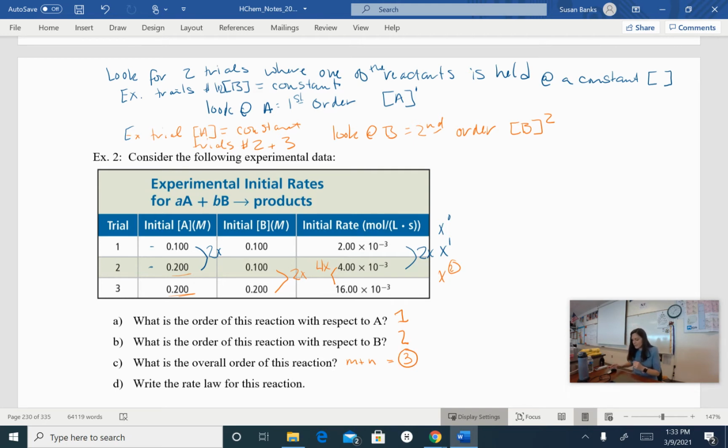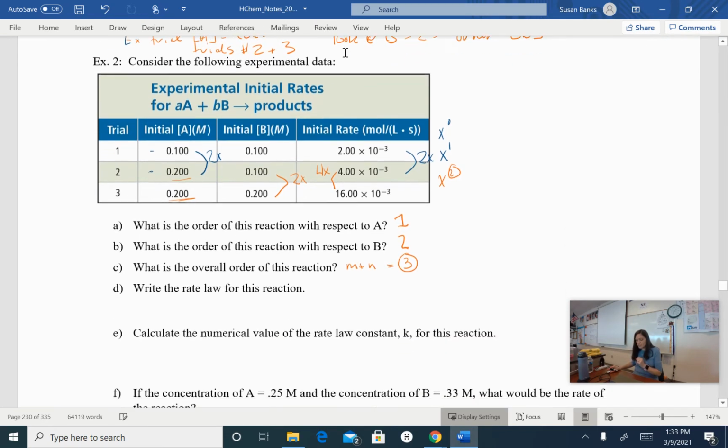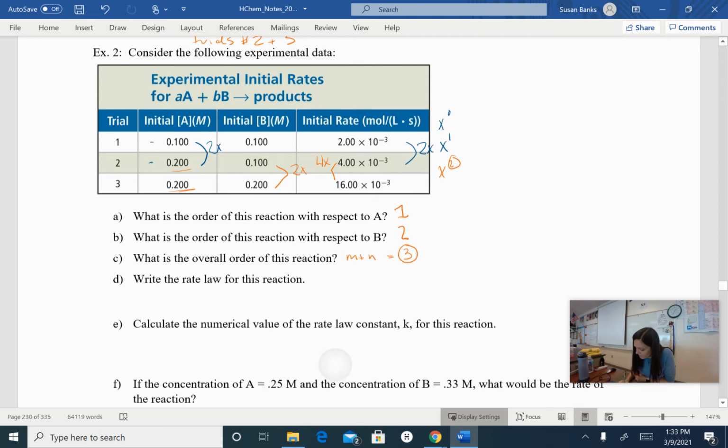Okay, so if I write this rate law, remember, we're just going to go off of the general rate law, where we have our rate is equal to a constant, and we don't know what that constant is yet, but we do know the exponent for A is 1, and we do know that the exponent for B is 2.